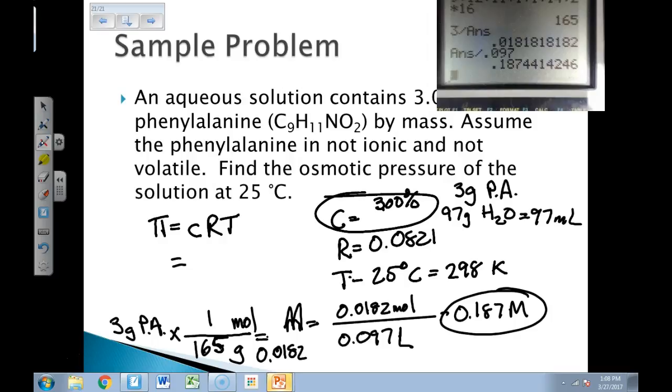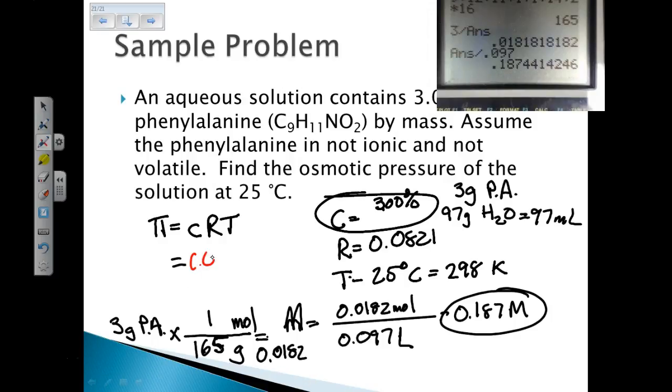Now it's just a matter of plugging and chugging, and I'll do this in red because it's getting a little busy around here. It's going to be 0.187 times 0.0821, the universal gas constant, times the temperature, 298.